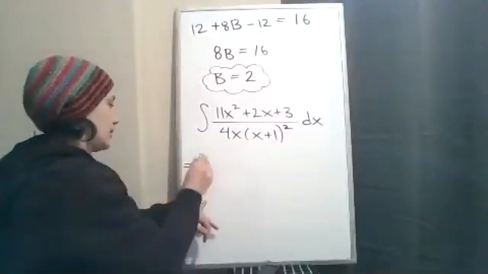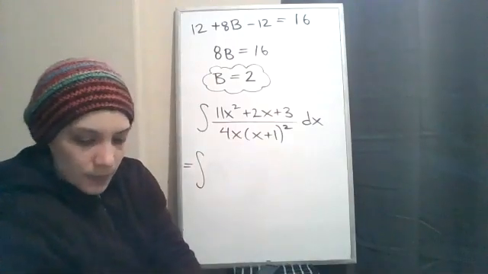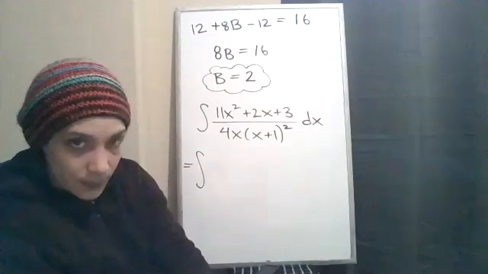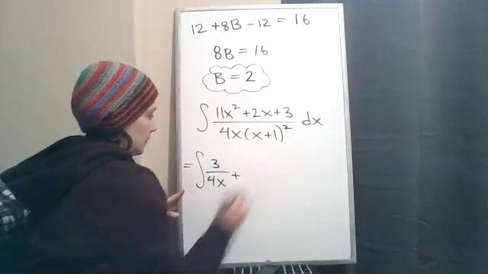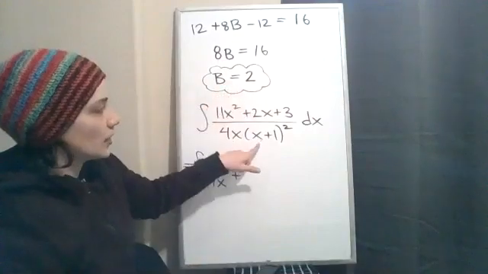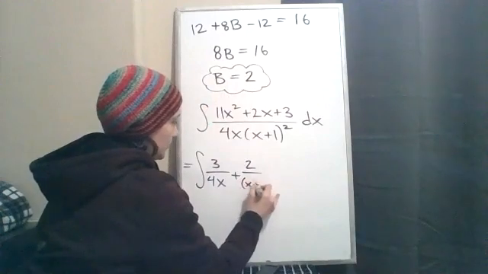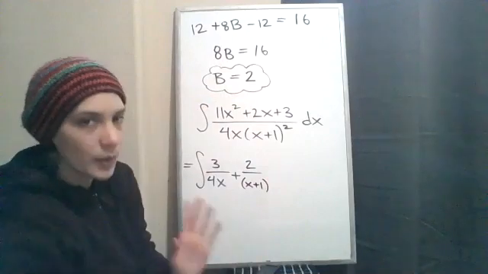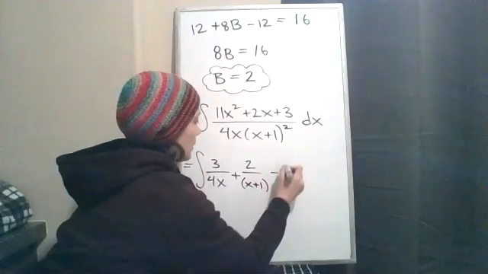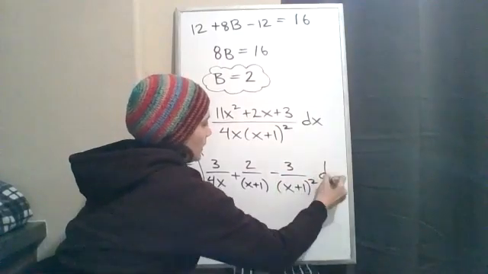All right, integral of, A was 3, so we've got 3 over 4x, plus 2 over x plus 1. And then C was -3, so -3 over x plus 1 squared dx.